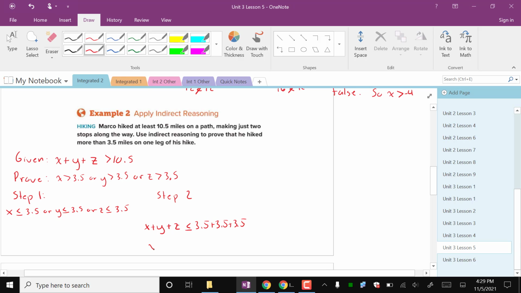Adding all this up, 3 plus 3 plus 3 is 9. 0.5 and 0.5 will give you 10, plus another 0.5 will be 10.5. So we're saying that he walked less than or equal to 10.5. But that's not true because it tells us that he hiked more than 10.5. So again, we have a contradiction right here. So this doesn't work.